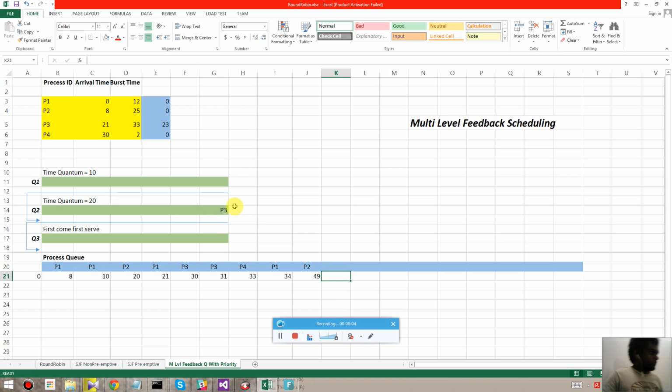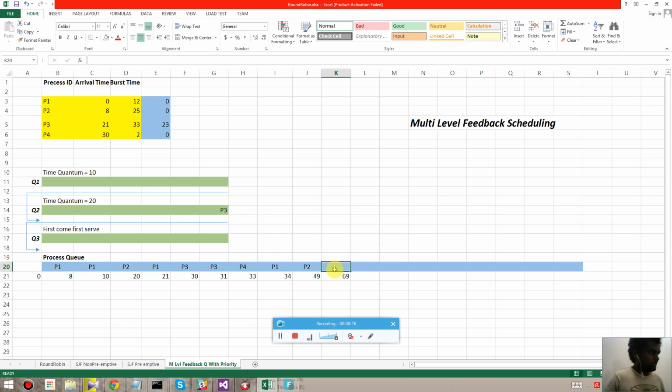Right, process P3 needs 23 time units, but the time quantum for Q2 is only 20, so I will execute process P3 in Q2 for 20 time units, which means 49 plus 20 means 69 time units, time 69.